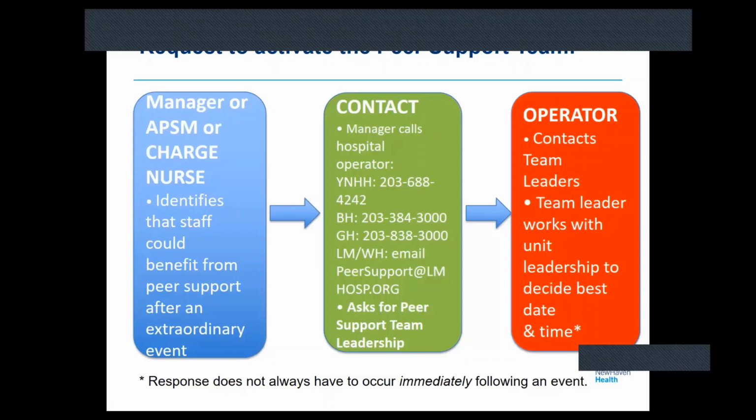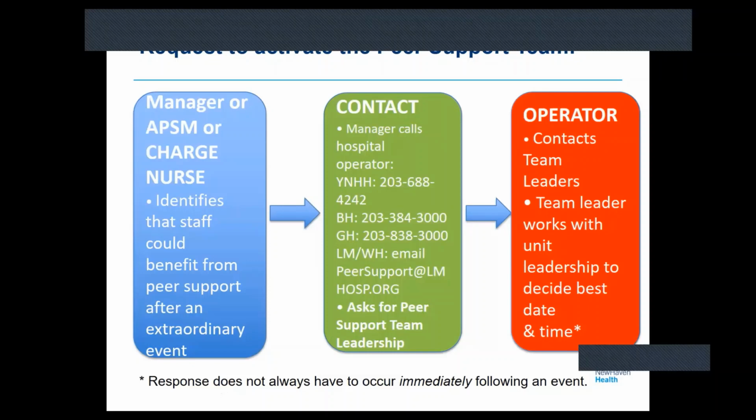And then they contact, for New Haven, the switchboard operator at 203-688-4242. And also our email is going live in July, so that will be another way to reach us as well. It'll be monitored Monday through Friday, 8 to 4, and then you could contact an OSCE if it was on the off shift, and then we would get back to you, the contact, and arrange the meeting.